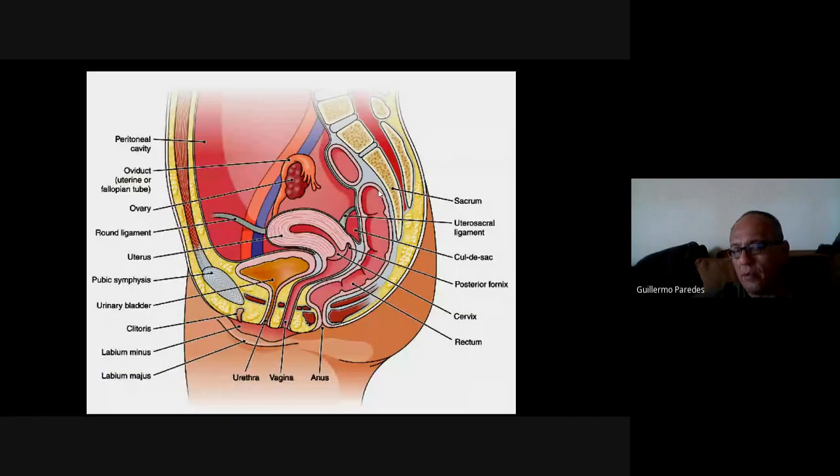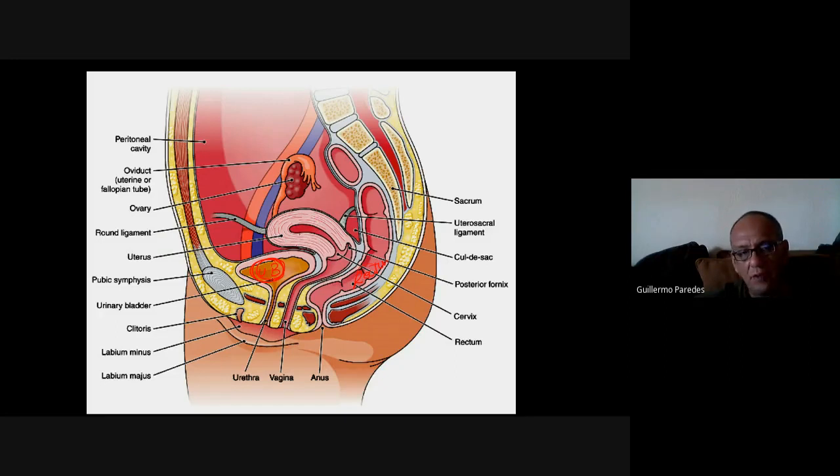Now we are going to talk about the position of the organs in the female reproductive system. Look at this. Here we have the urinary bladder. Posterior, we have the rectum. In between, we have the uterus and the vagina.